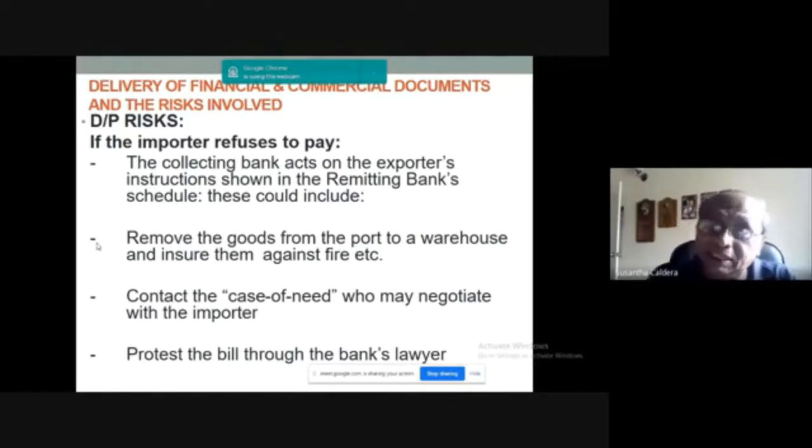Even if they are given instructions, banks have no obligations to act, right? That is one thing. You have to read the entire Article 10 A, B, C, D, and E, right? So please read it. Then you can understand the repercussions of this article, right?